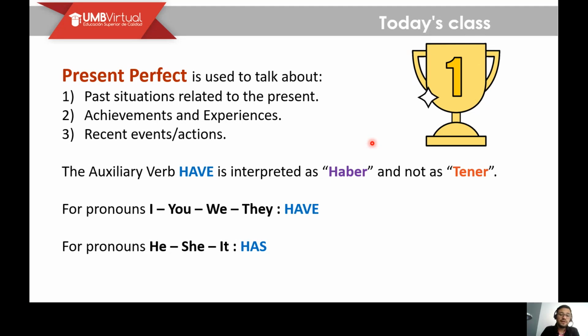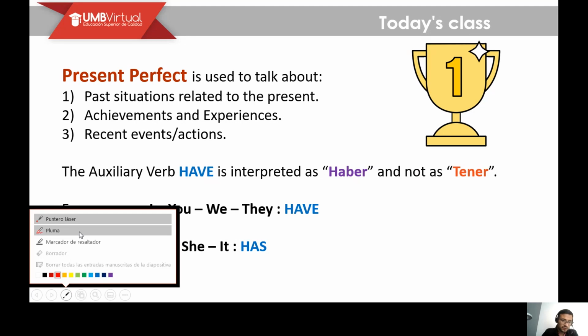The auxiliary have is interpreted like haber, not as tener. So we have two translations for this verb to have. One is haber, así con H B, no haber, ese no, not tener. Yeah, that is the way we have it. In Spanish also we have this structure, of course.